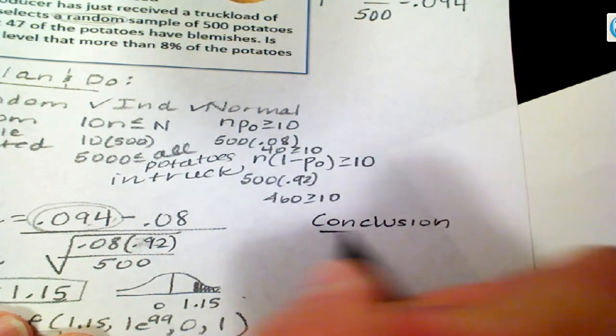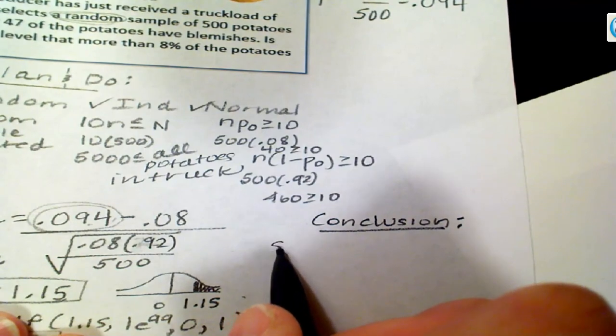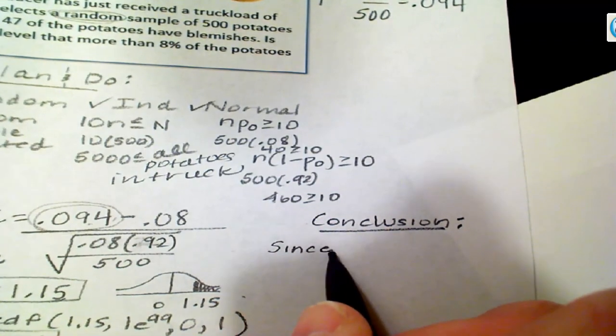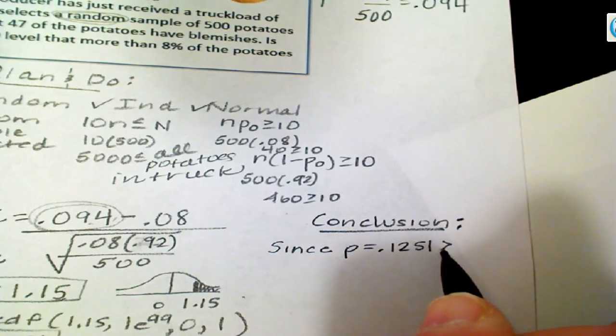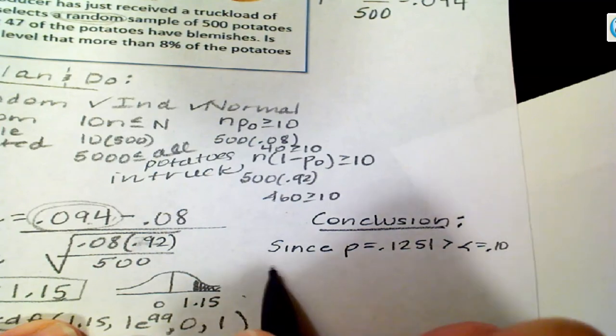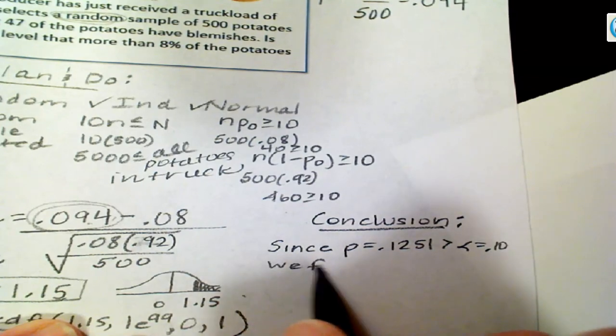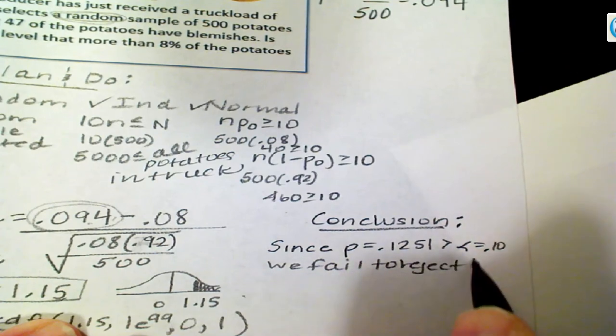Okay, so our conclusion. Remember when we write our conclusion, we're going to say, since p equals 0.1251 is greater than alpha equals 0.10, we fail to reject the null hypothesis.